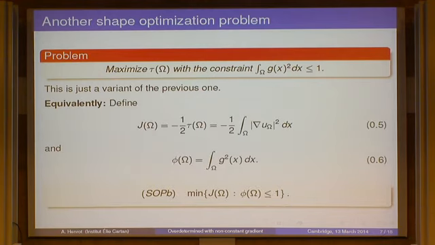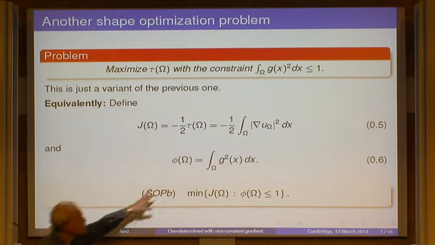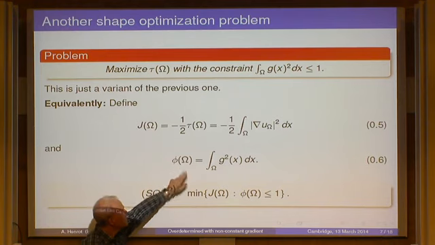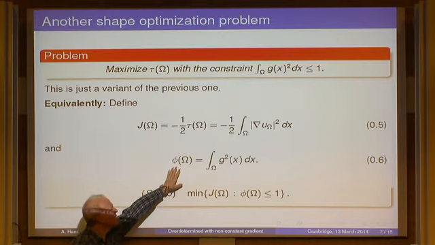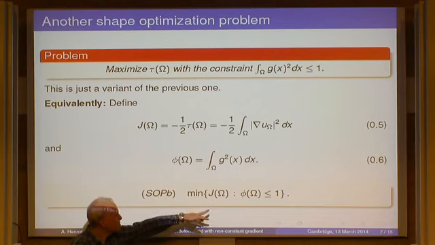Or if I want to work in a minimization process instead of a maximization process, I just have to take J of omega equal to minus 1/2 of T of omega. I introduce my constraint, just to say that this functional phi of omega is less than or equal to 1.